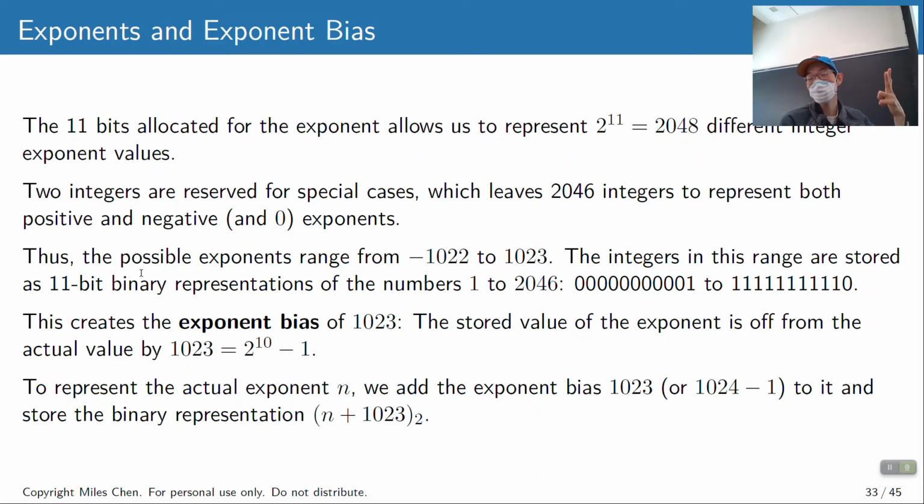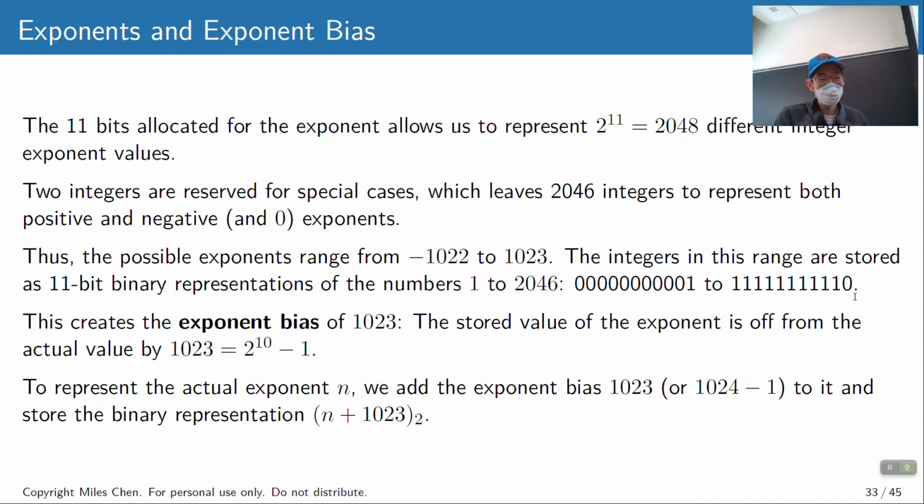So we represent values from as low as negative 1,022 up to 1,023. Negative 1,022 will be all zeros but with a 1, and 1,023 will be all ones but a 0. We reserve the cases of all zeros and all ones as special cases, and we'll talk about that later.